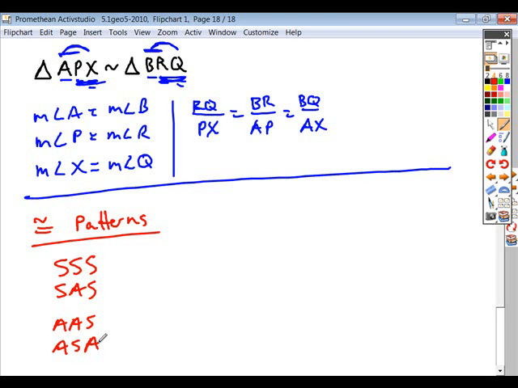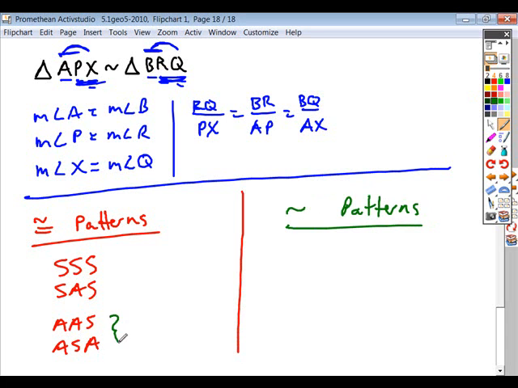Okay, the similarity patterns are nearly identical. They're built directly off of these. Okay, again, just slightly different. The similarity pattern that you're going to use the most often is the one that kind of combines these two, the AAS and ASA type of pattern. What's common between those two patterns?